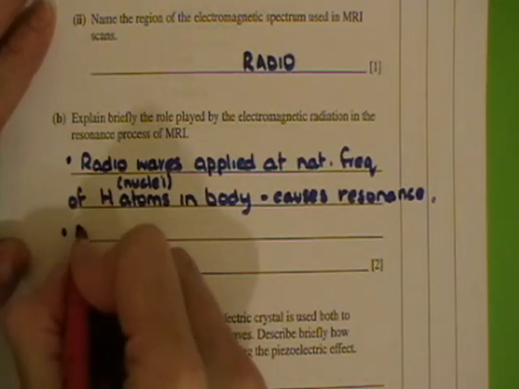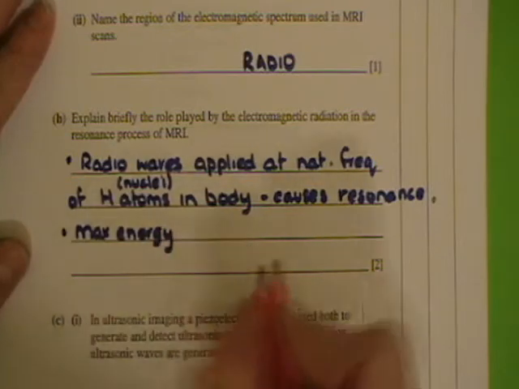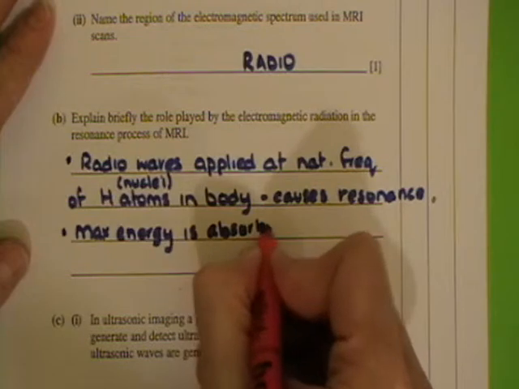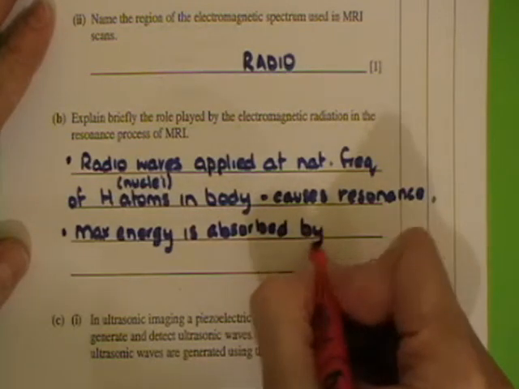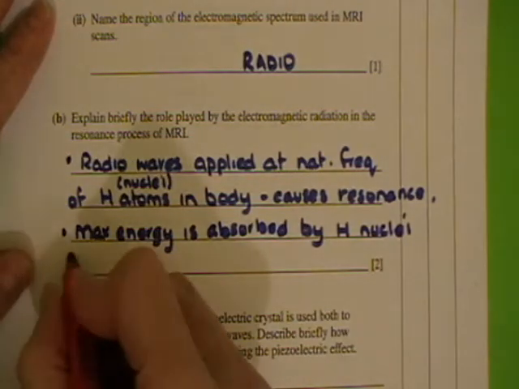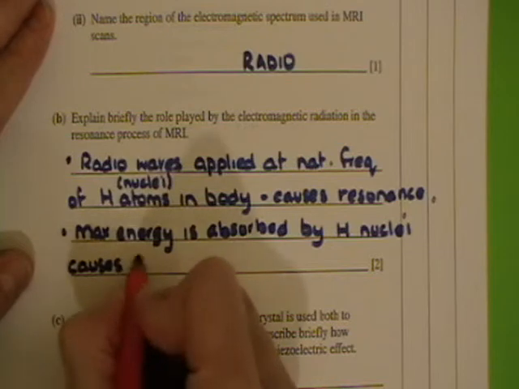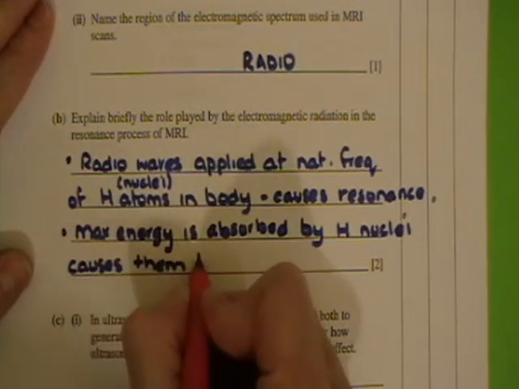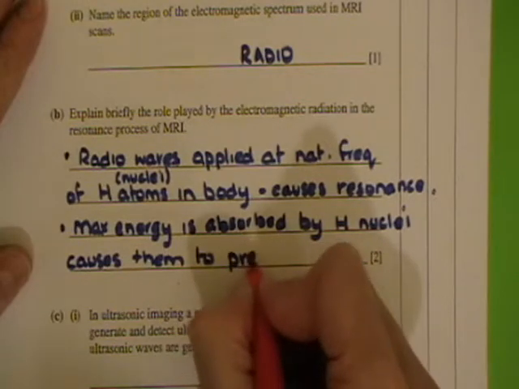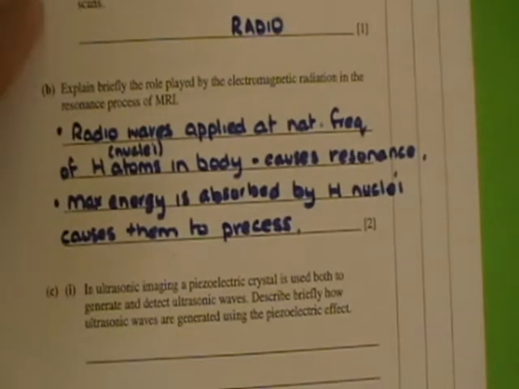Then the maximum energy at resonance is absorbed by the hydrogen nuclei, and that causes them to, and we'd use this word in your notes, precess. Okay, that's your 2 marks.